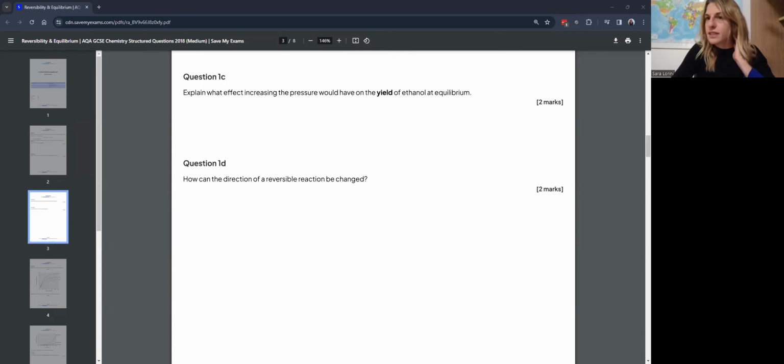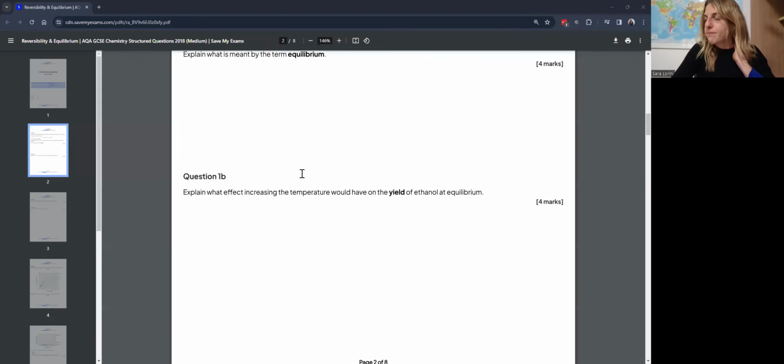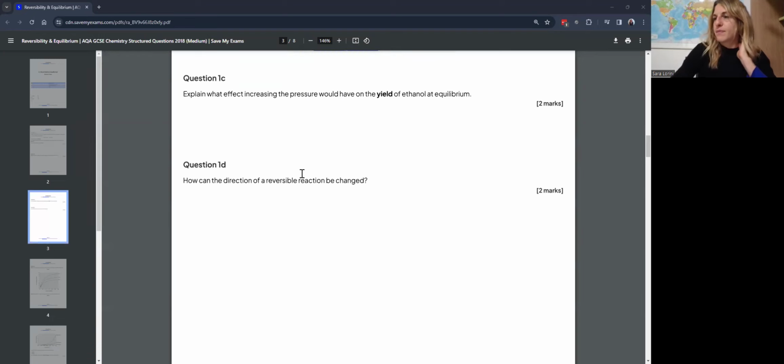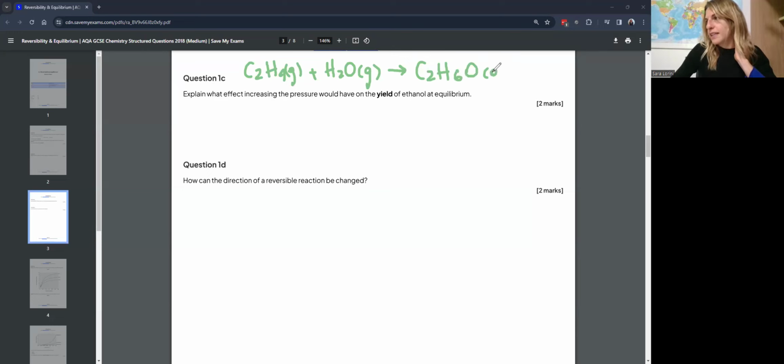The equation is C2H4 gas plus water as gas gives C2H6O gas. Reversible reaction. Okay, now pause and play when you're ready to correct part C.